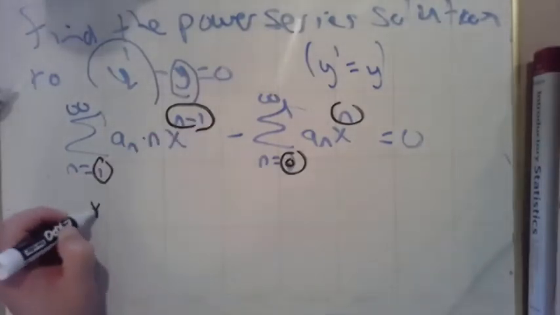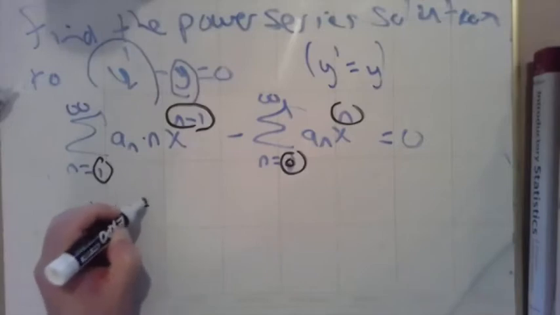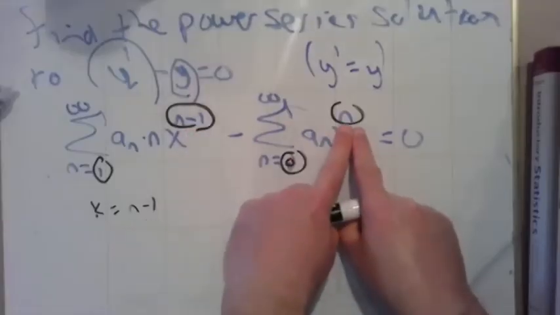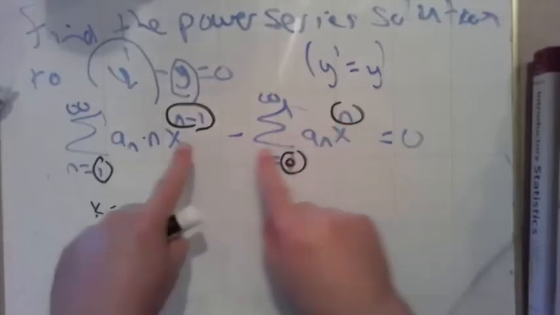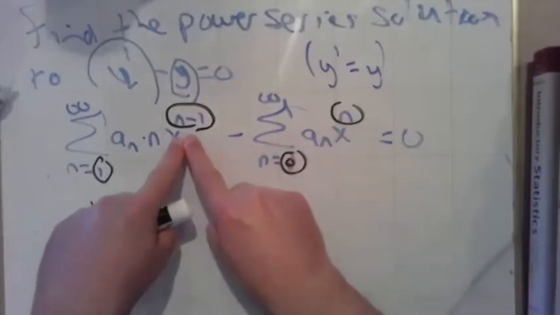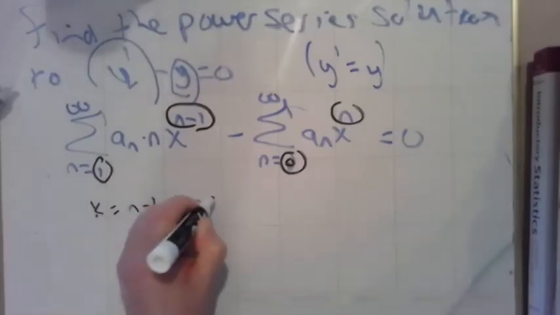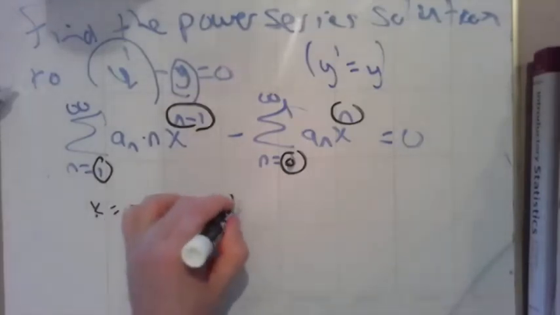I'm going to call k n minus 1, because I want these to look the same. That's just a symbol. There's no plus 1, minus 1. That's just an n. I'm going to force this guy to be a k by doing this substitution. That's the same as saying n is k plus 1.